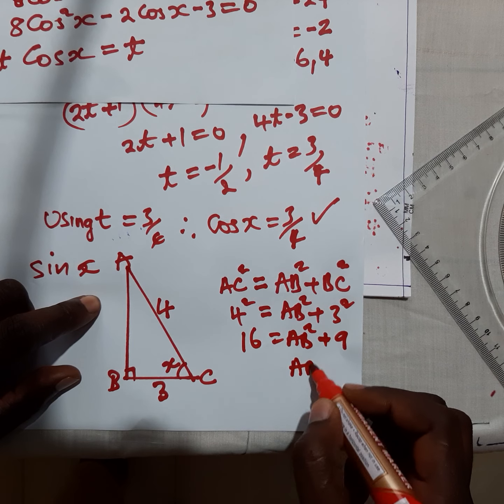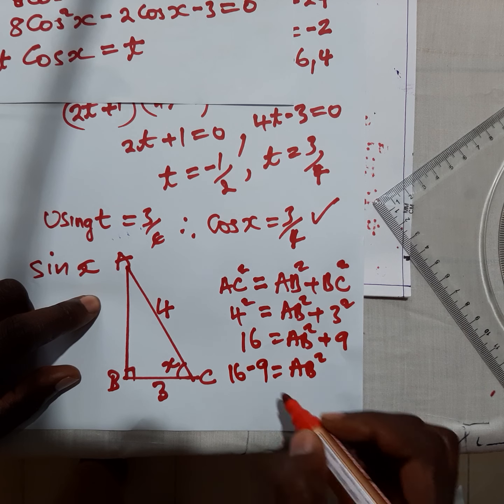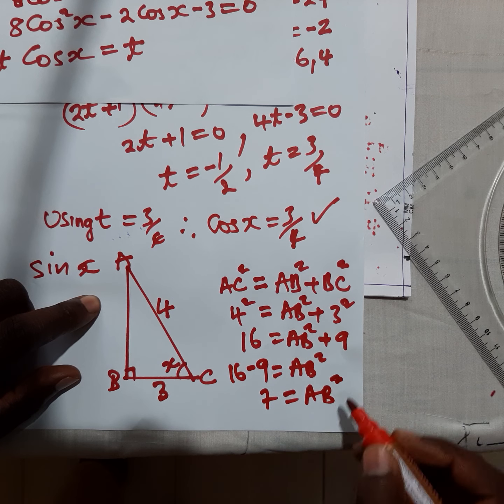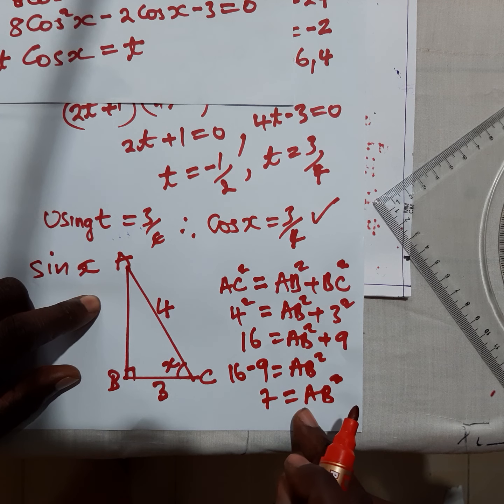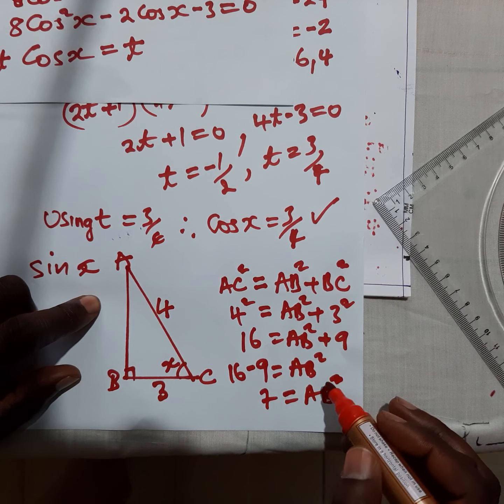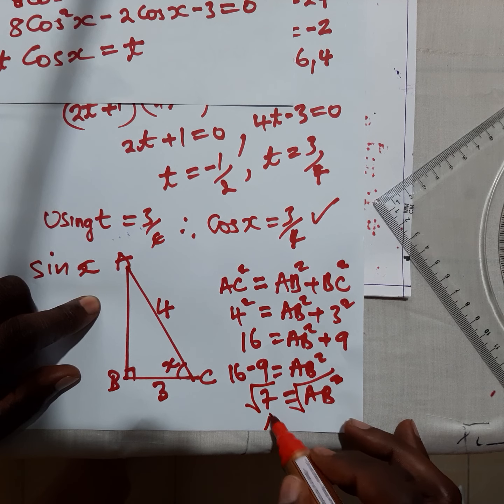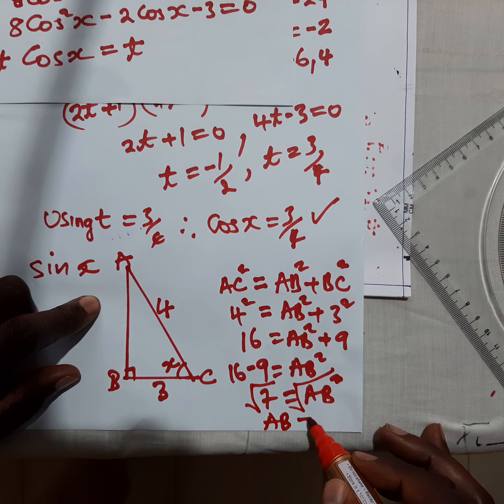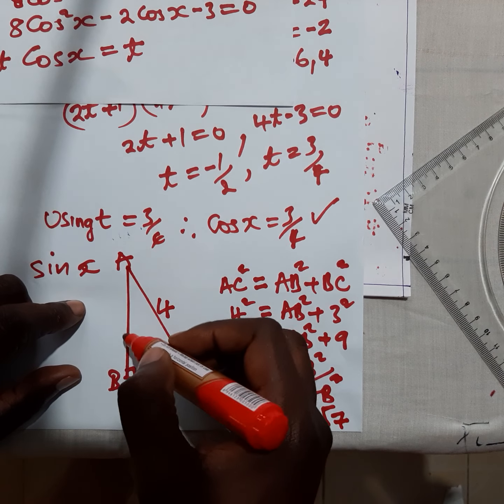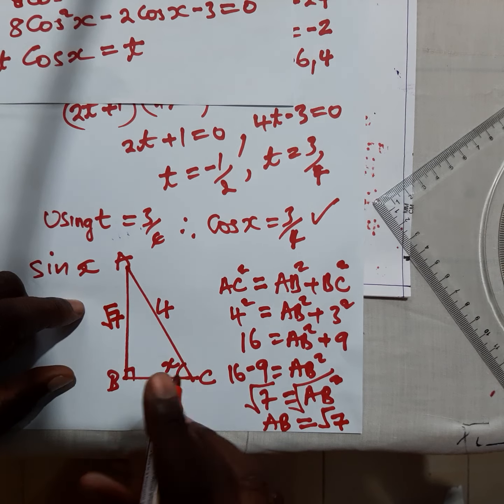So AB squared equals 16 minus 9, which is 7. To get the value of AB, we take the square root of both sides, so AB equals root 7.